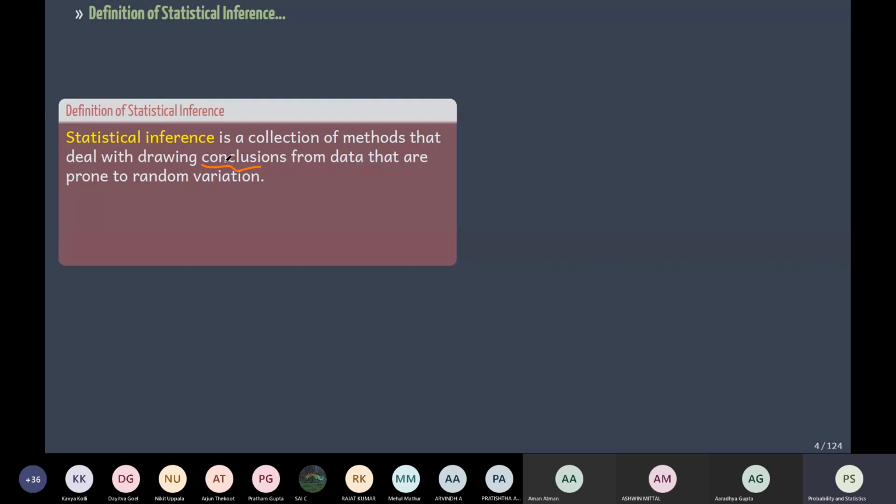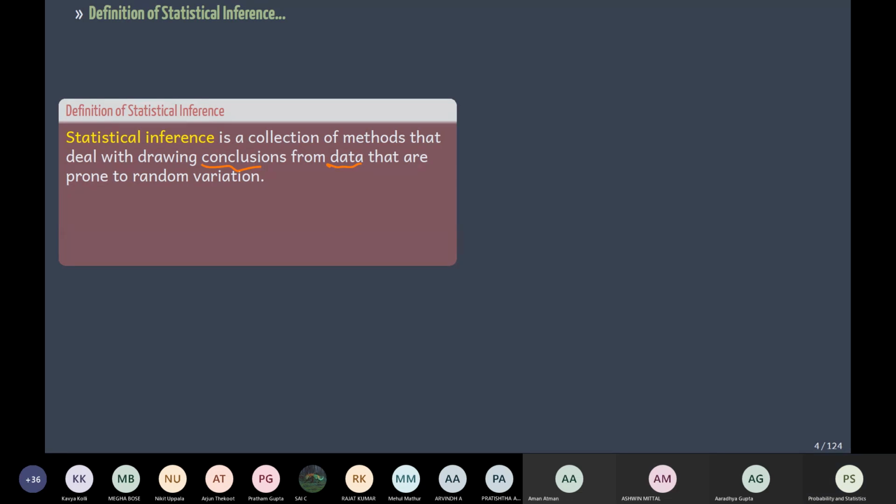So drawing conclusions or making an inference from the data, and by data I mean a subset of the data, because it's not possible to take all the data most of the time. They are prone to random variation. The sample that I'm taking is random, so it is not fixed.